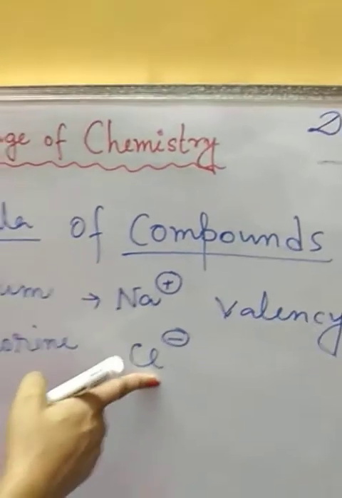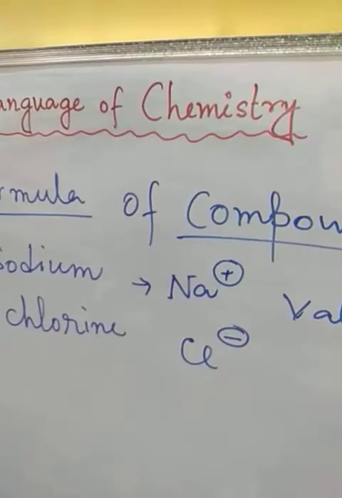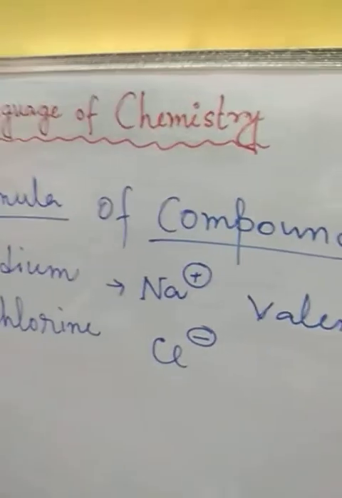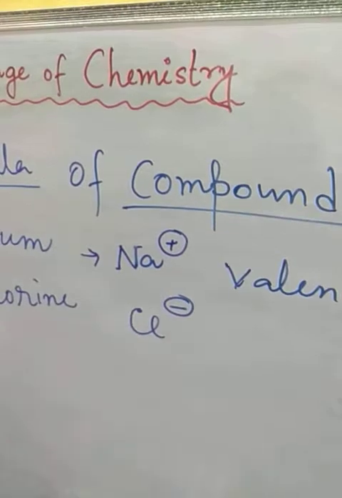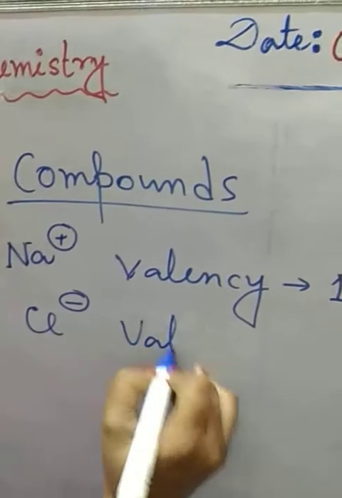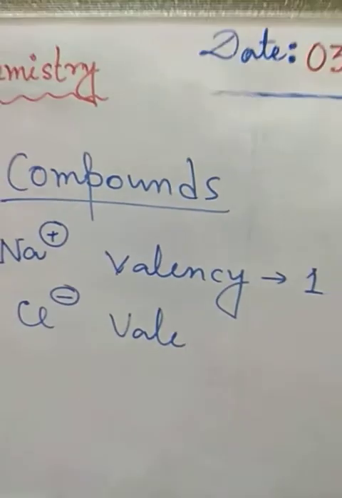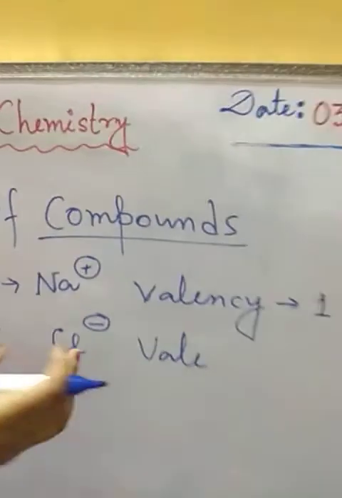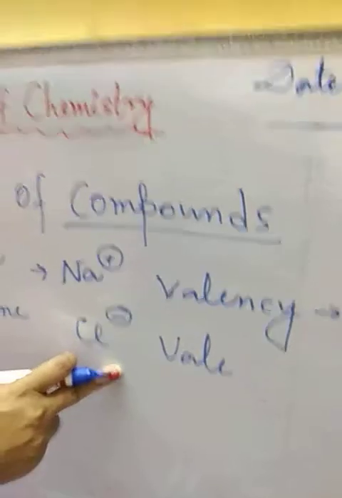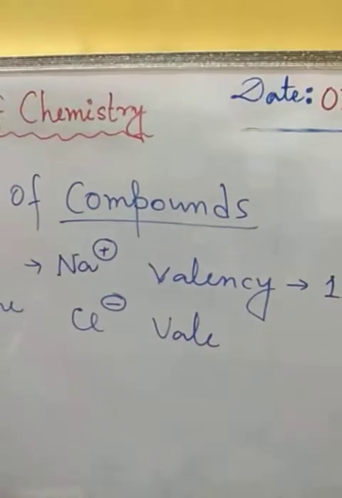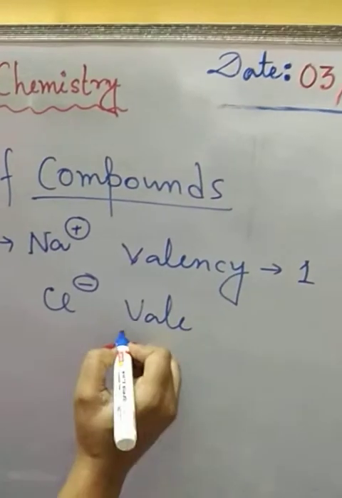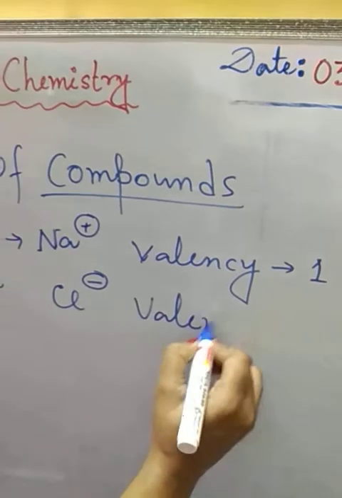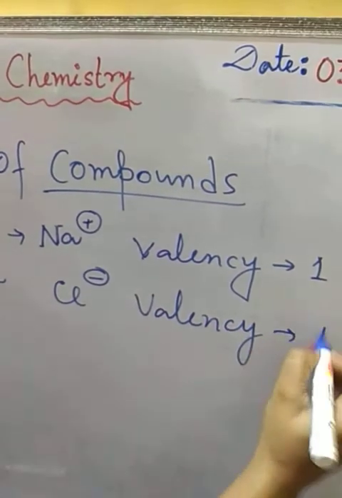Why this is Cl minus, we have also done earlier in our previous video class, as chlorine will capture one electron to attain the stable electronic structure. That's why it will form Cl minus, this ion, this radical, and that's why chlorine also has valency 1.